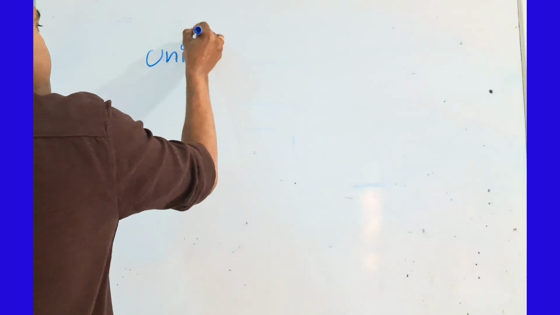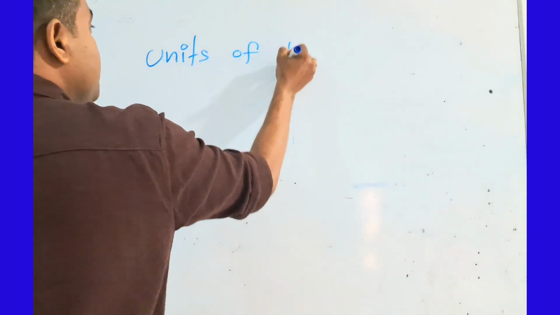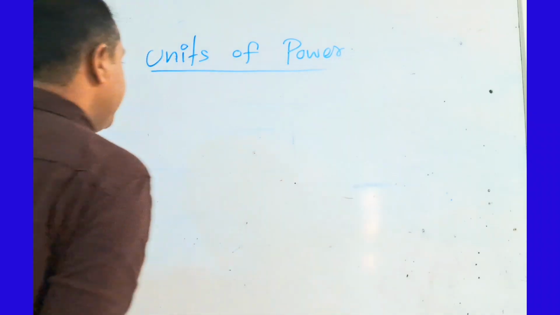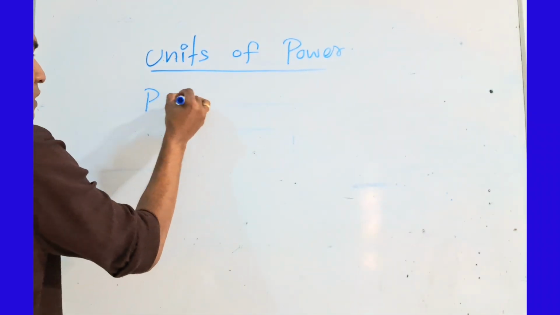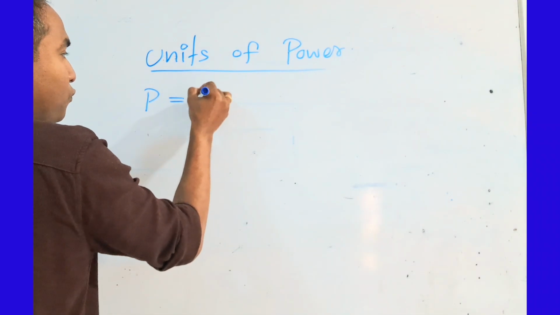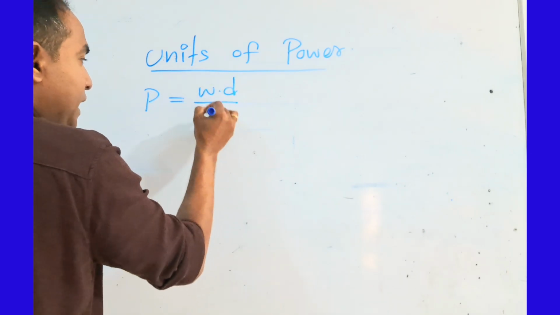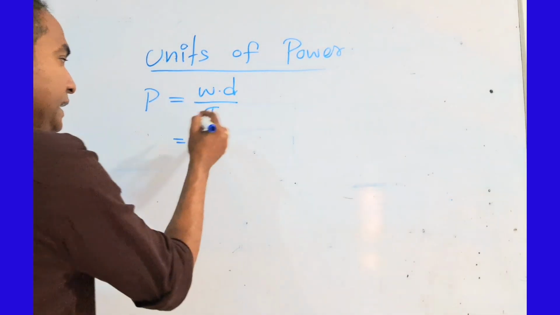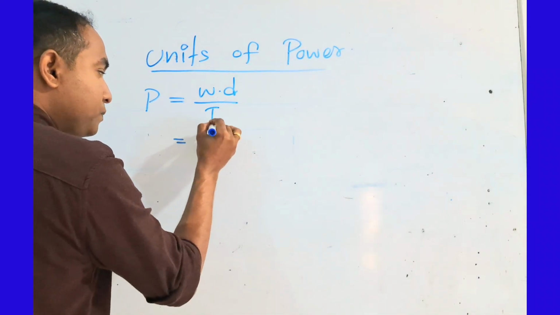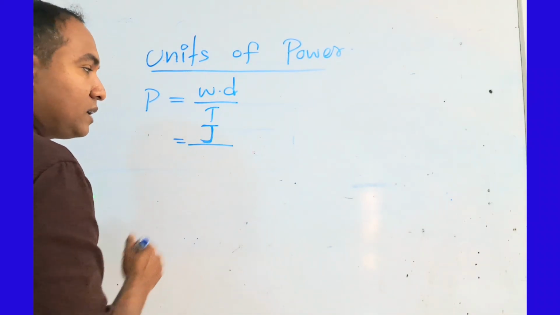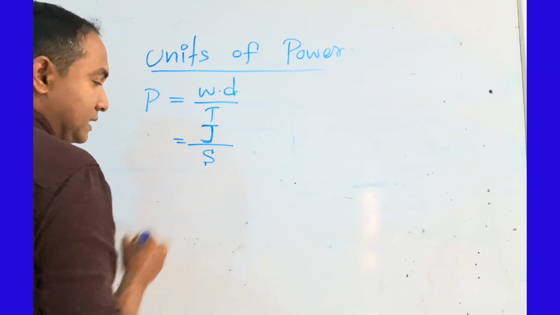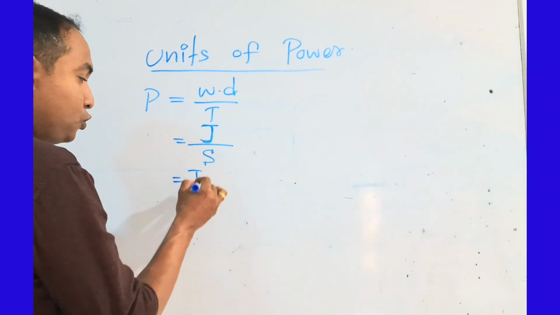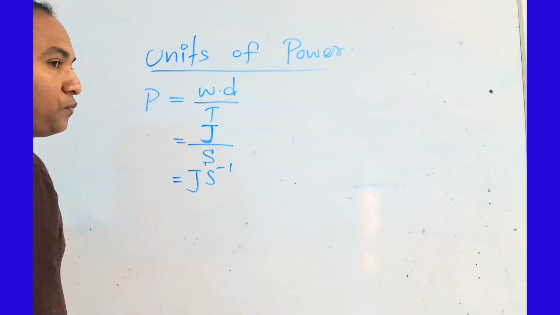Units of power. To find the units of power, we use P equal to work done divided by time. Work done is measured in joules. Time is measured in seconds. So the unit for power is joule per second.